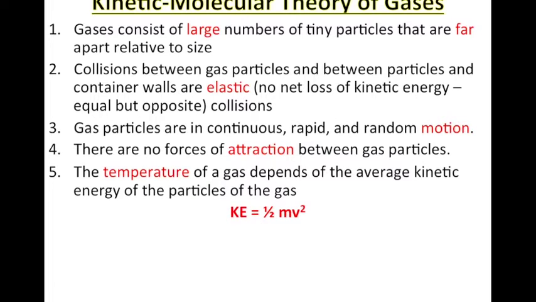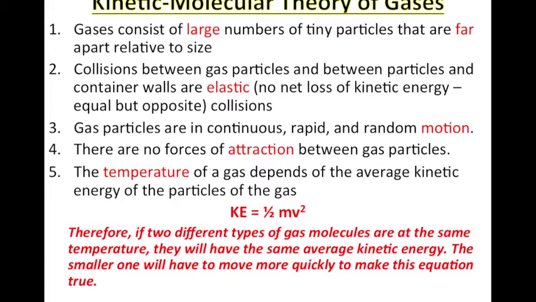Here's the equation for kinetic energy. KE stands for kinetic energy, and it's 1/2 mass times velocity squared. So one of the things that we get from number 5 is that if 2 different types of gas molecules are at the same temperature, so say we have chlorine gas and hydrogen gas, and they're both in the same container at the same temperature, they will have the same kinetic energy, because temperature directly relates to kinetic energy.